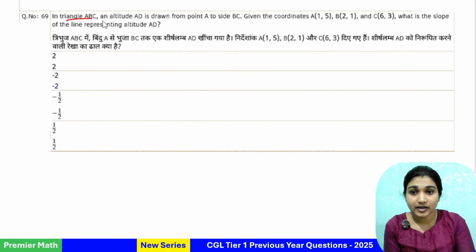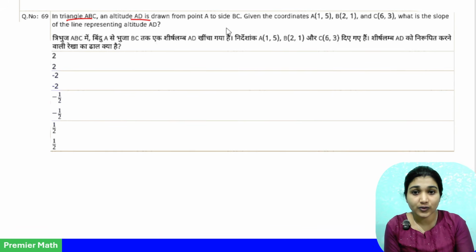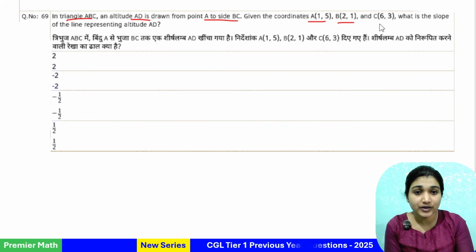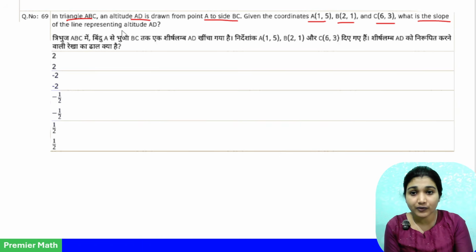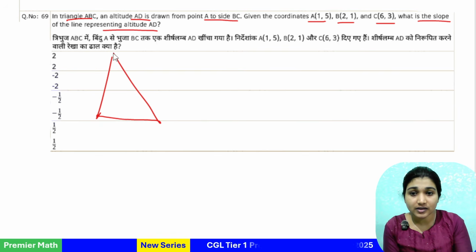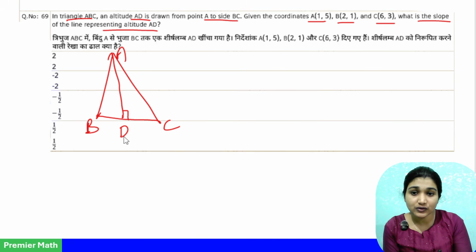In triangle ABC, an altitude AD is drawn from point A to side BC. Given coordinates are A (1,5), B (2,1) and C (6,3). What is the slope of the line representing altitude AD? Here, if this is the triangle ABC, and AD is the altitude, then the altitude is perpendicular to its base.